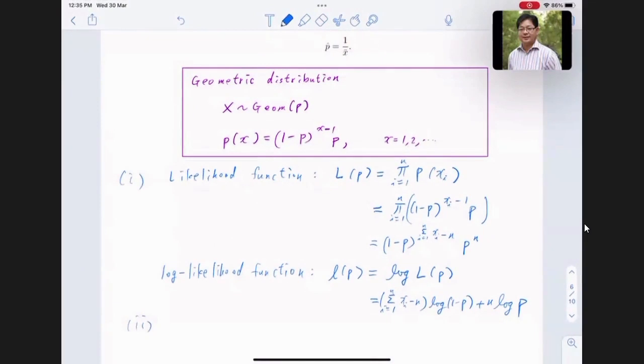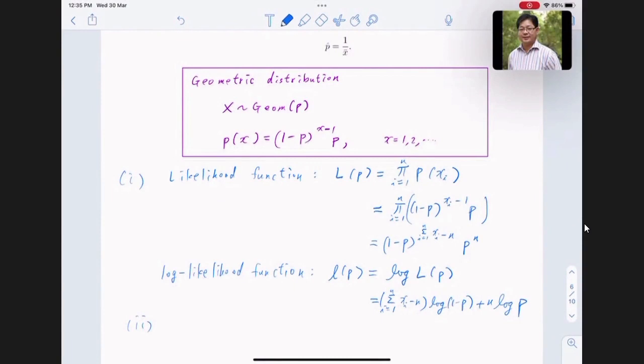Okay, so this is also a typical question where you are asked to find an MLE. And you can always start with this step. The first step, write down the likelihood function. Now, the likelihood function is usually denoted by capital L. It is equal to the product of the probability functions.